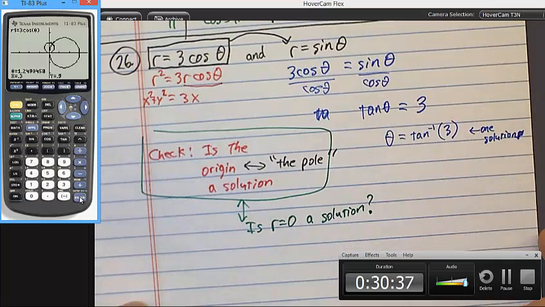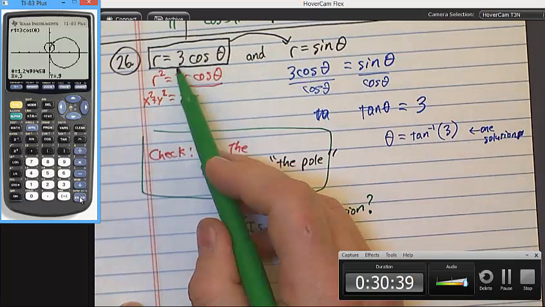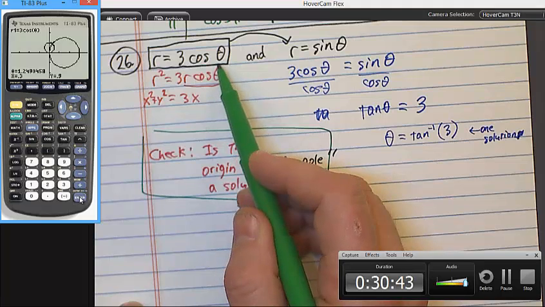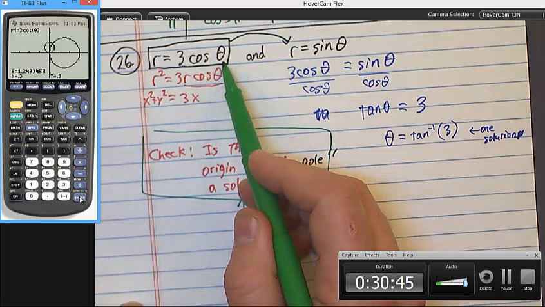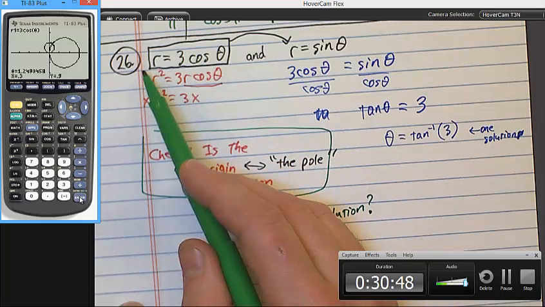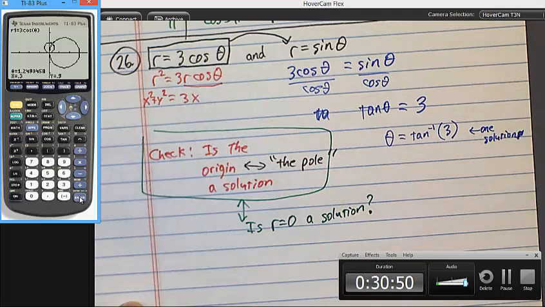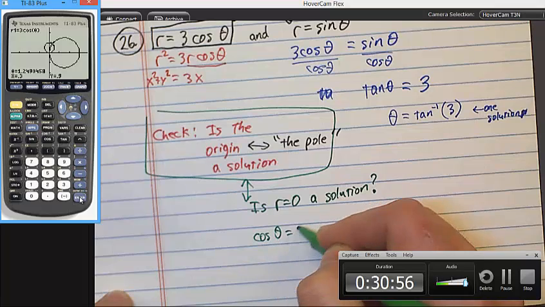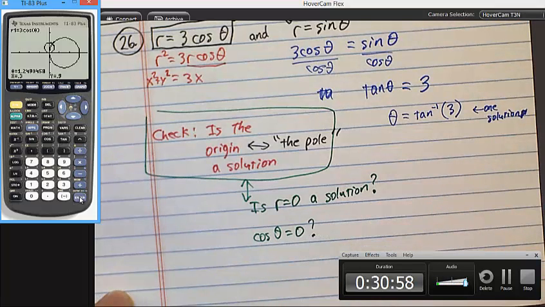So basically you kind of look and you say, 3 cosine theta, does that go through 0? Can you think of a theta you can put in which will make r equal to 0? Let's try that. Cosine of theta equals 0. Does that ever happen? Oh, cosine of pi over 2 or something. Or what else? 3 pi over 2, right? There's a lot of ones, right?